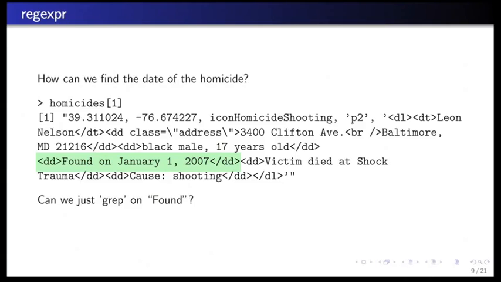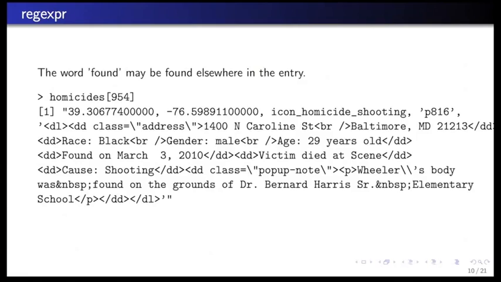You could use the pattern found to try to extract the date part. But one of the problems is that the word found may occur, for example, in this comment here, Wheeler's body was found on the ground. So you don't want to just grep on found, because the word found will occur in 2 different places.